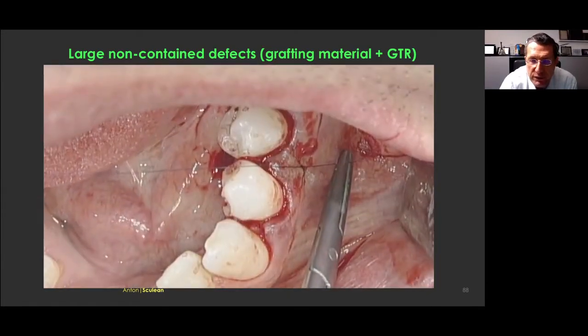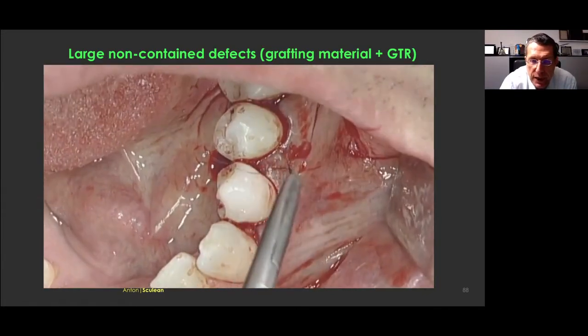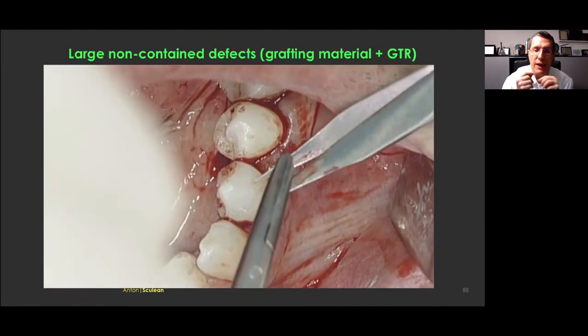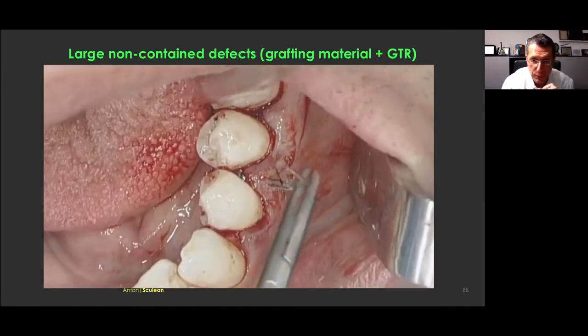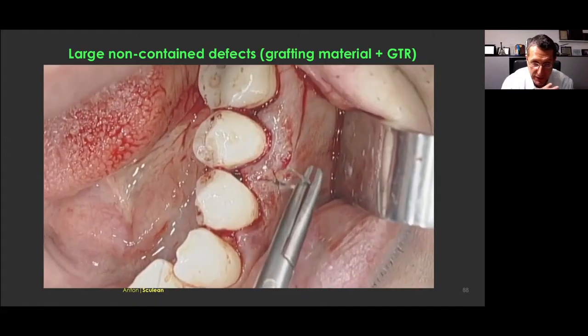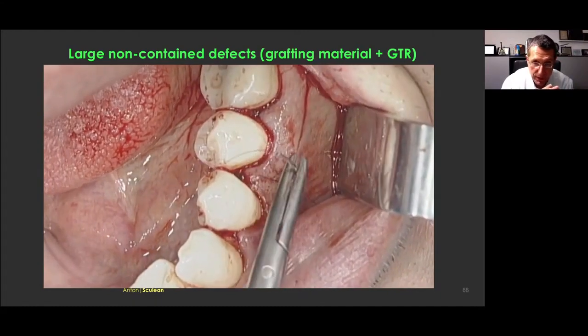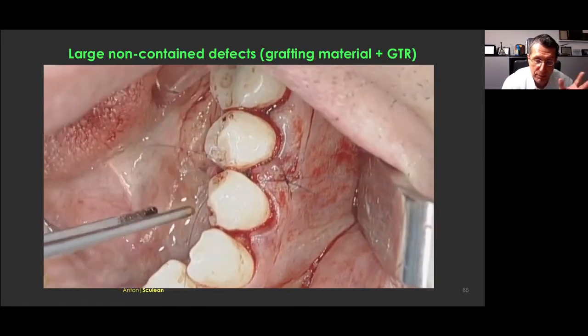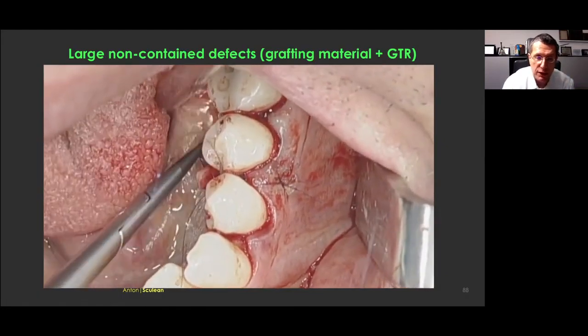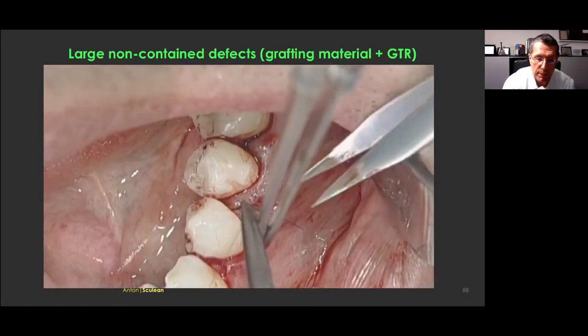I close it, and in this way, I first release the flap from the tension. Second point is that I stabilize the material. And then with the last suture, I simply and passively close the interdental papilla.